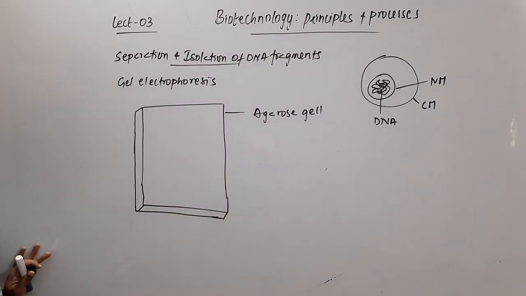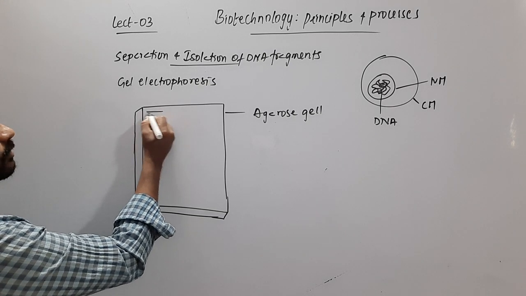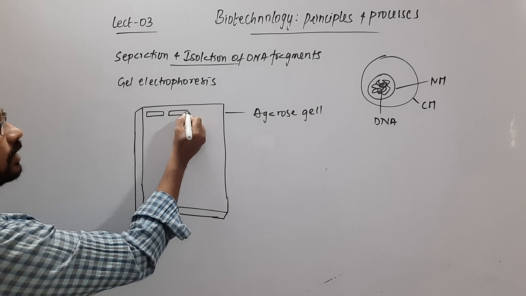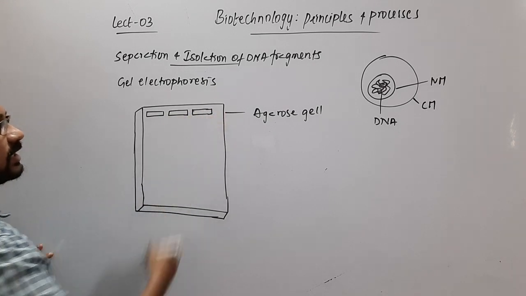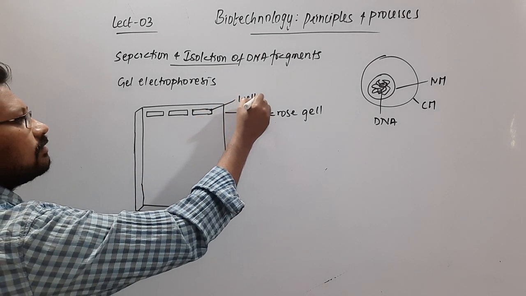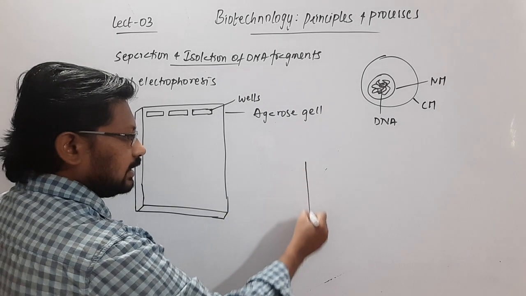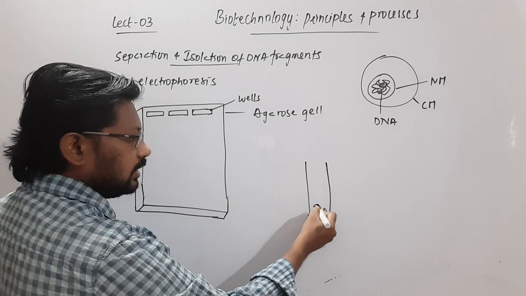I have taken the agarose gel, right? And on this agarose gel we will see some small pits. These are called wells.